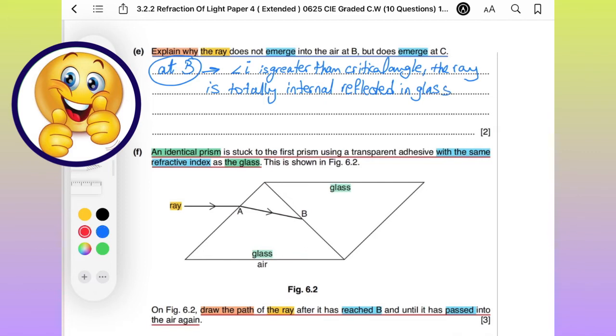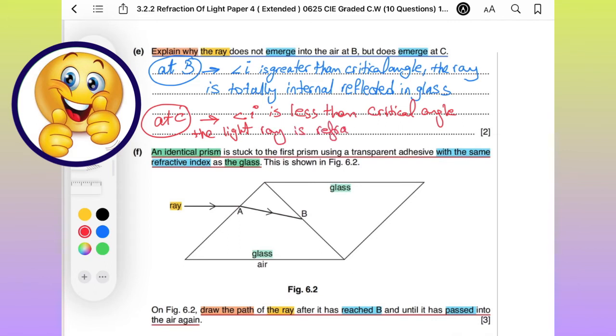But at C, angle of incidence is less than critical angle. The light ray is refracted and emerges into air. Is it clear?